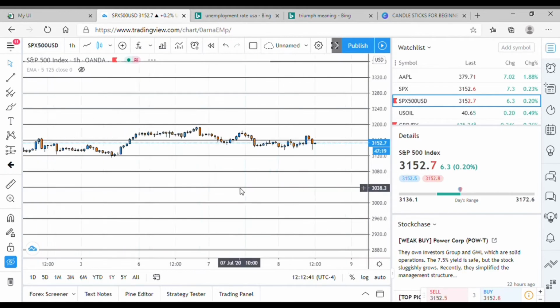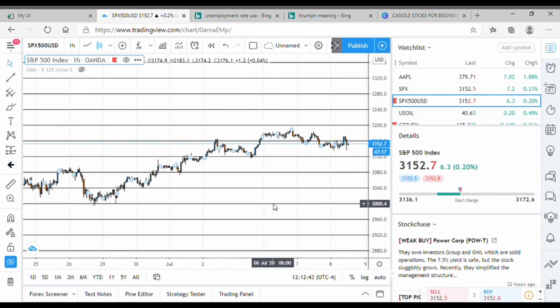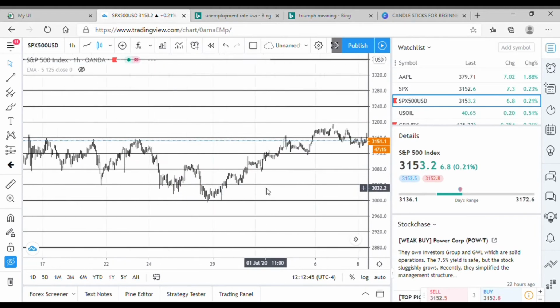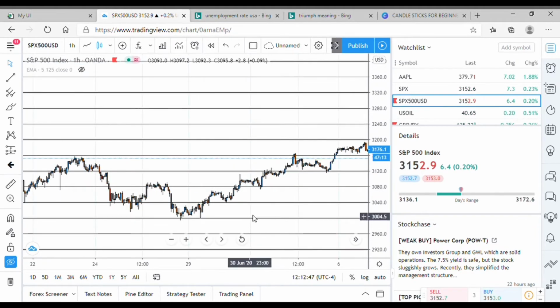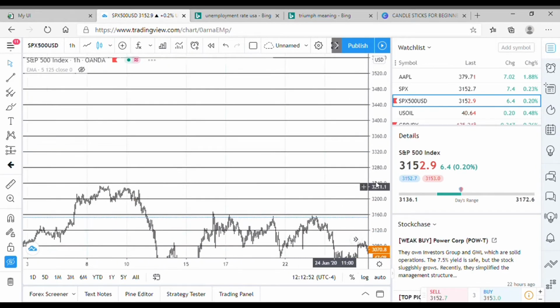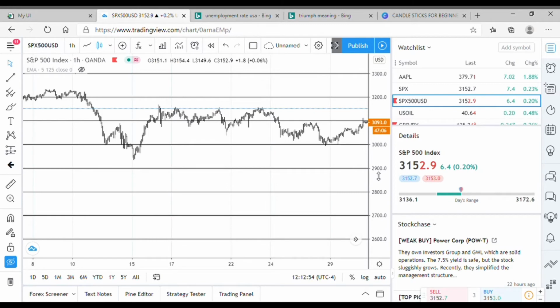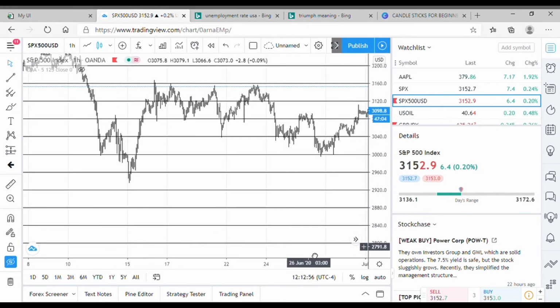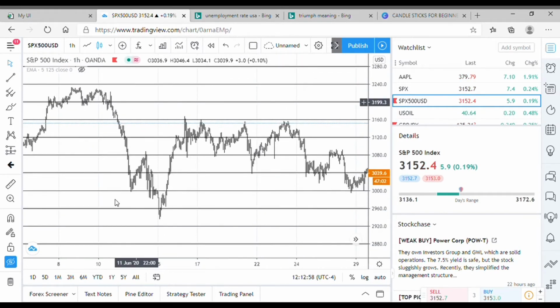You have the hourly candles, these candles right here. So when we're talking about bears, I'm going to show y'all those bears and bulls. Right here, this is the 10th of June.